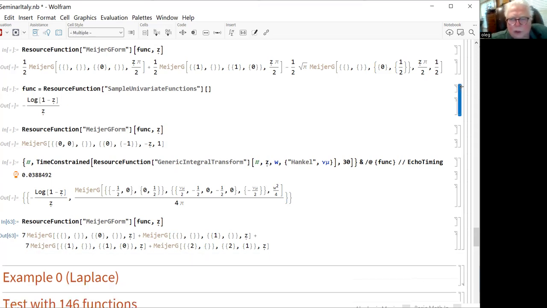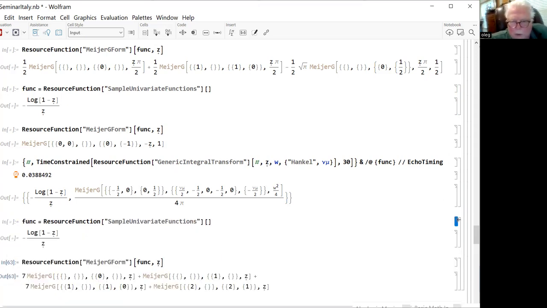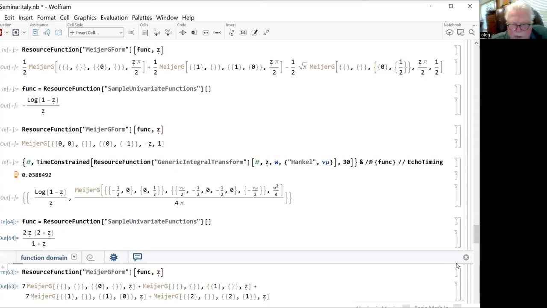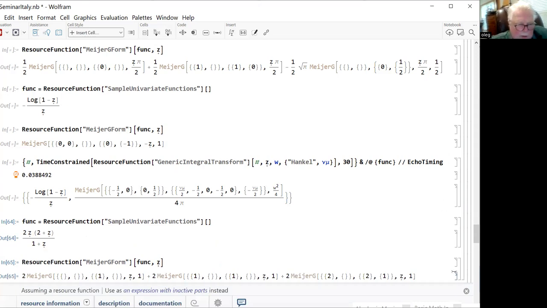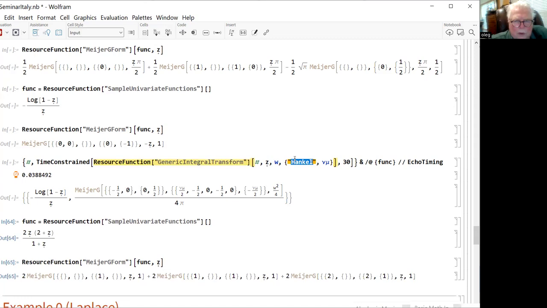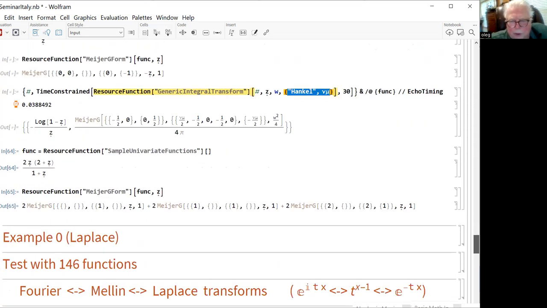I will try to show a little. Randomly, we can generate a function. And then from this function, we can make either the Meijer form or we can evaluate a transform. Here I show the Hankel transform, and in my previous experiment it was the logarithm. You can play with this game.